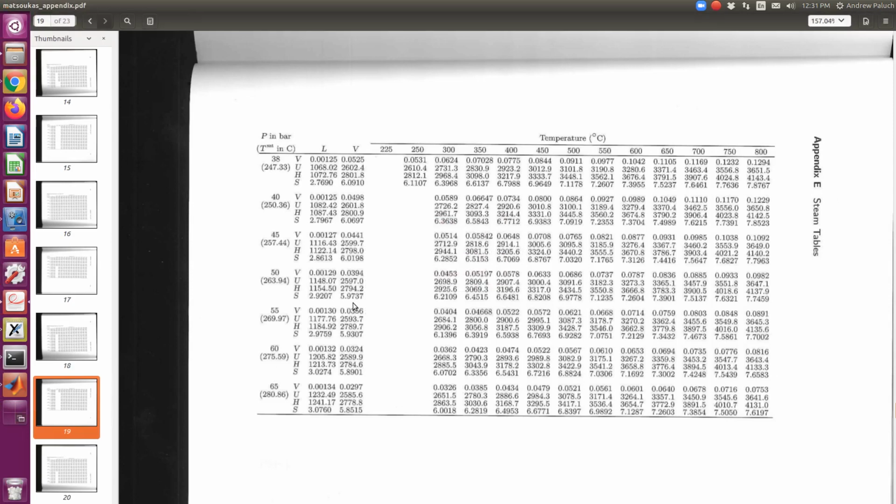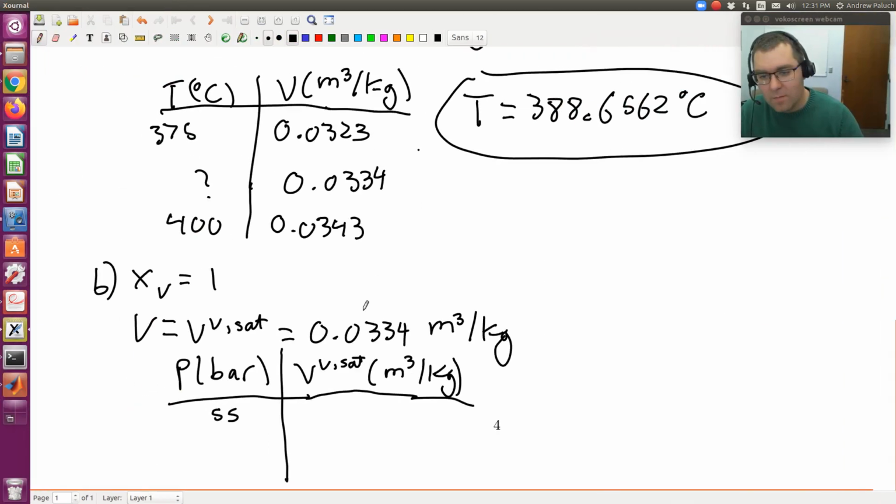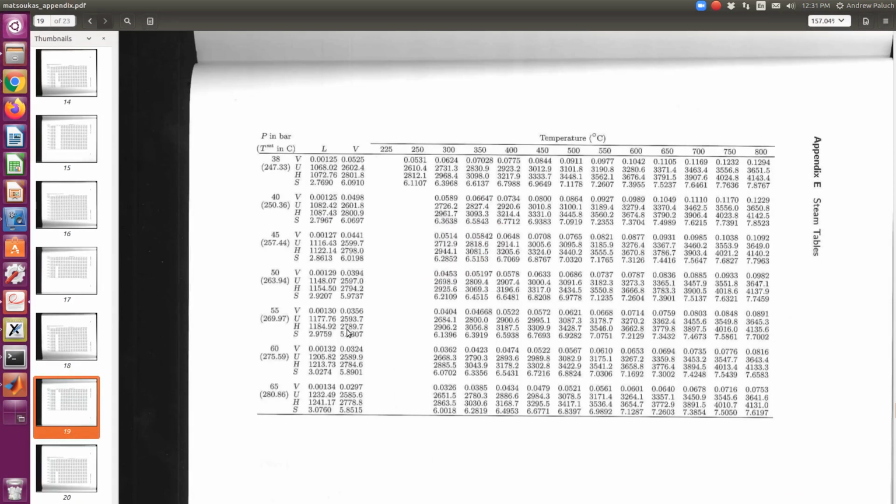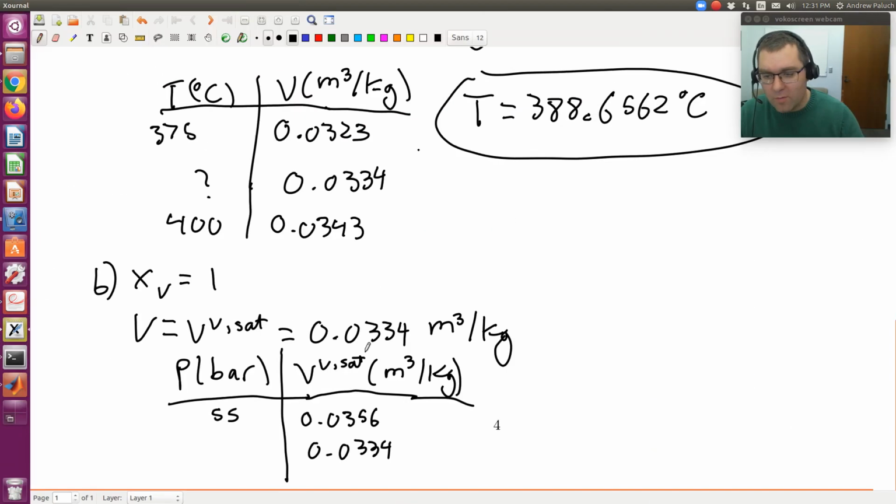At 55 bars, V_v sat is 0.0356, and at 60 bars, it's 0.0324. With the pressure where I have 0.0334 in between, I'll find my pressures by interpolating.